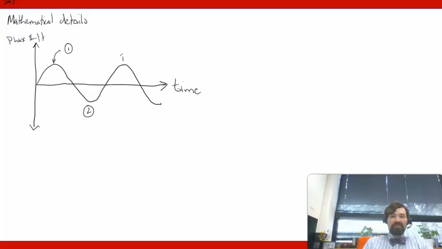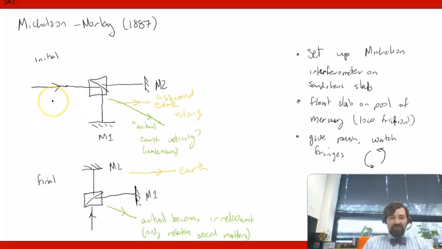And here we're back to, we could call this one 1 prime and 2 prime. And then by the time we get back to the time axis, we're back to whatever the original condition is. So this right here would represent what would happen if the Earth is moving along this green arrow.